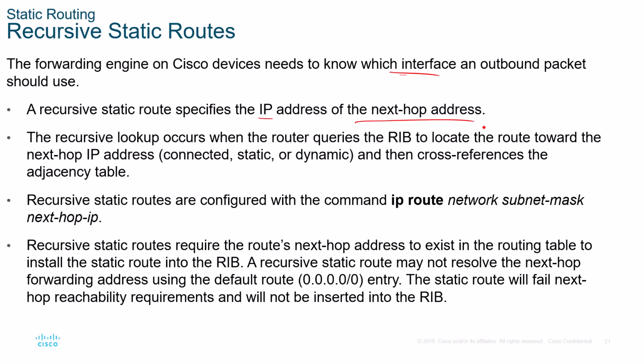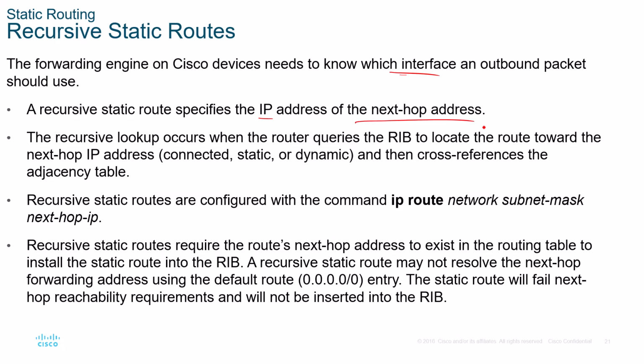The recursive lookup will occur when the router queries the RIB to locate the route towards the next hop IP address, whether that's learned via directly connected, manually entered via static routes, or even dynamically learned. It will then cross-reference the adjacency table to determine which IP address, which interface.